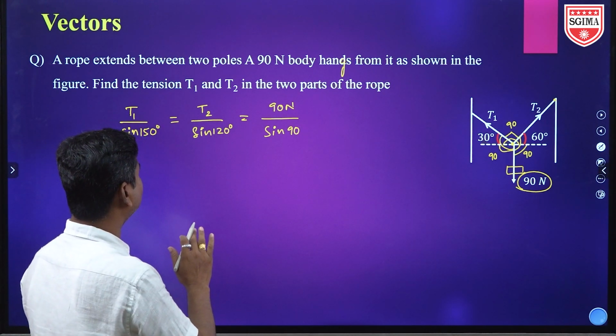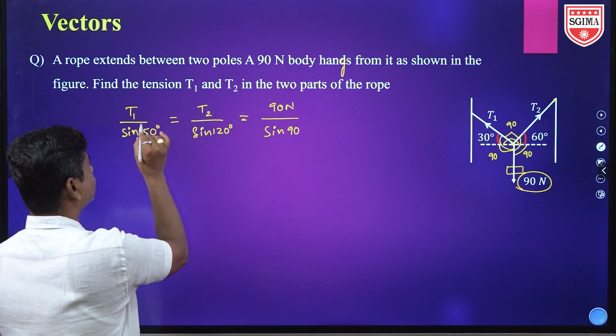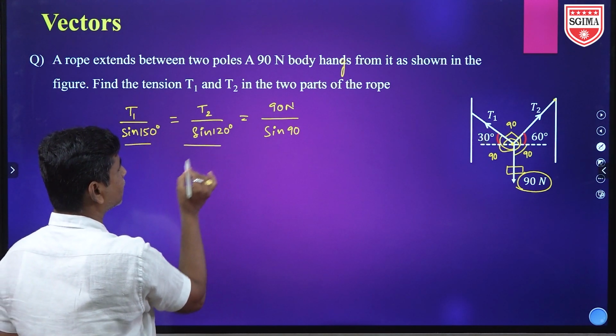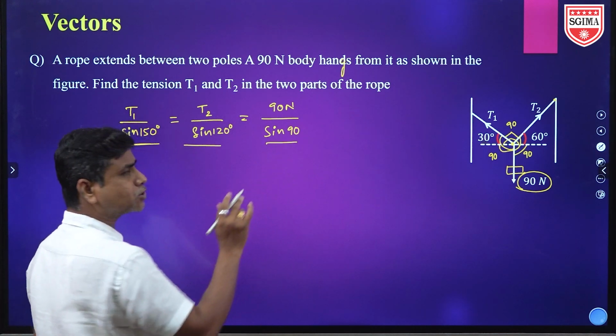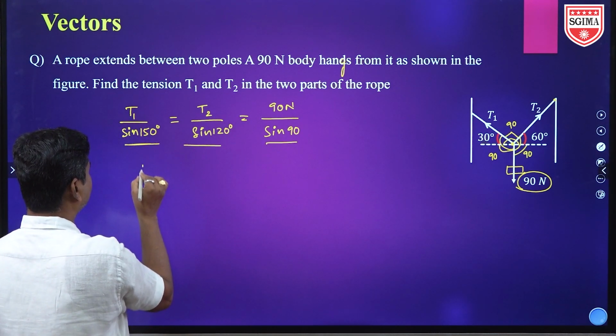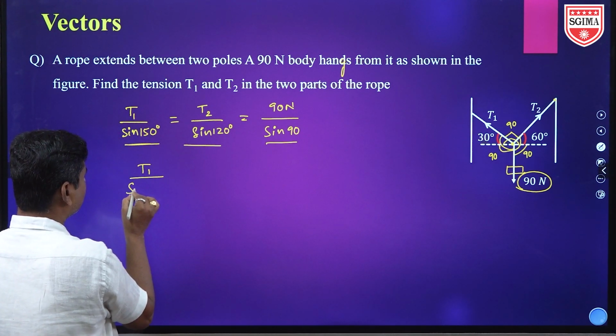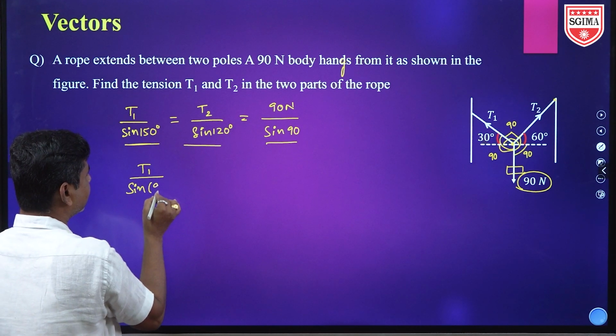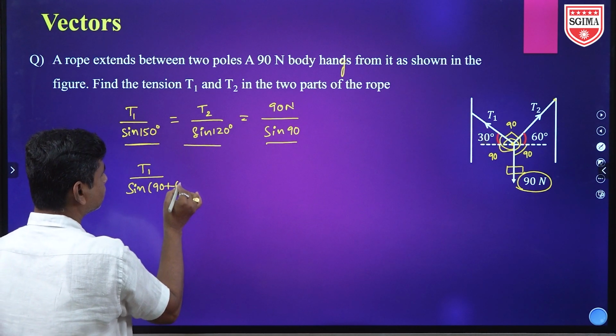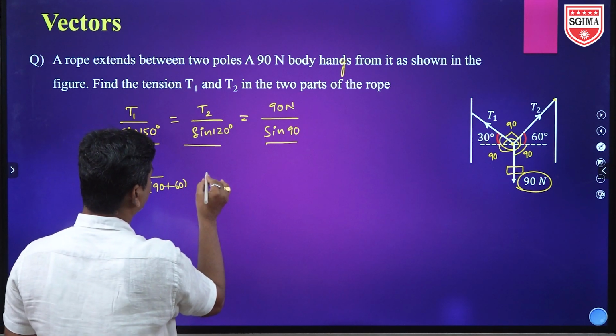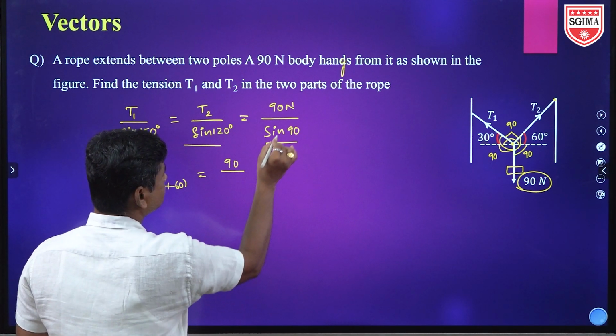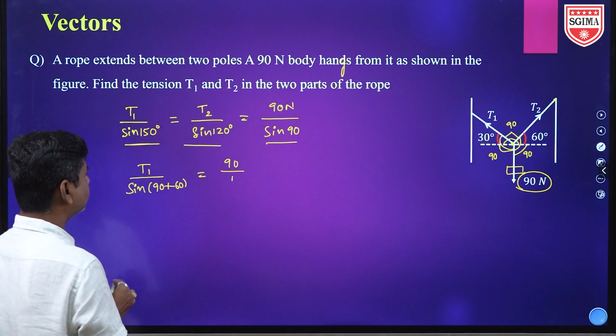Now calculate the T1 value and T2 value. The first term and second term are equal, and the first term and third term are also equal. So write T1 upon sin 150, which is sin of 90 plus 60, equal to 90 upon sin 90, and sin 90 is 1.